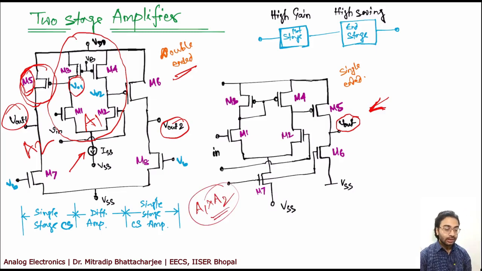So this is one kind of amplifier which provides you a very high gain, because now it is getting multiplied. Say from A1 you are getting 10 to the power 4, and from A2 you are getting, say, 10. The gain is increasing by an order. Order means it is increasing at least 10 times, right?